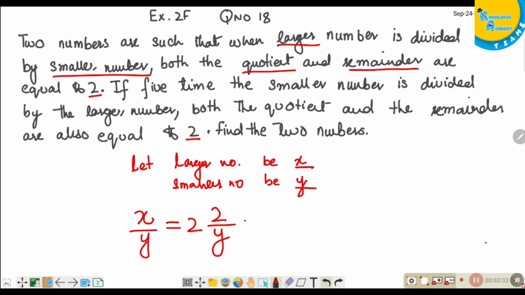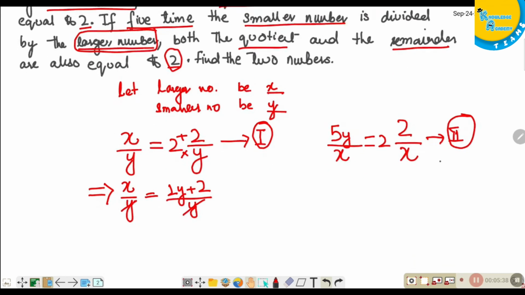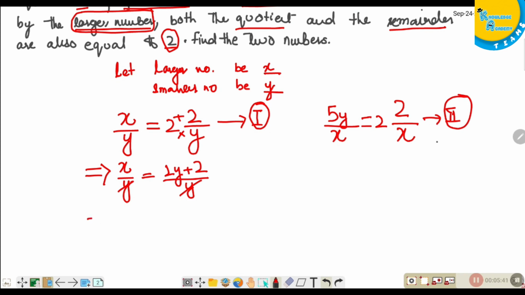This is our first equation that I've got.